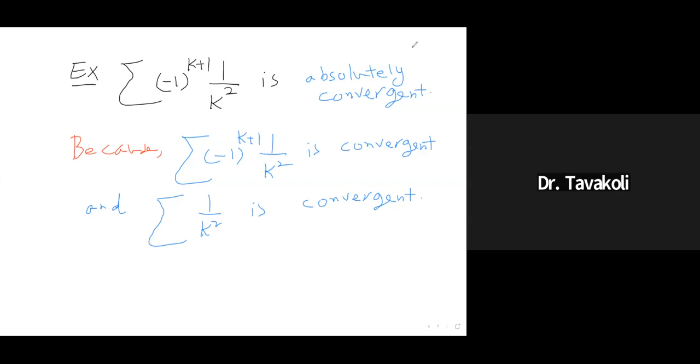One of the reasons that we mention the definition of absolutely convergent or conditionally convergent is because of the next two important tests to determine convergence or divergence of series.